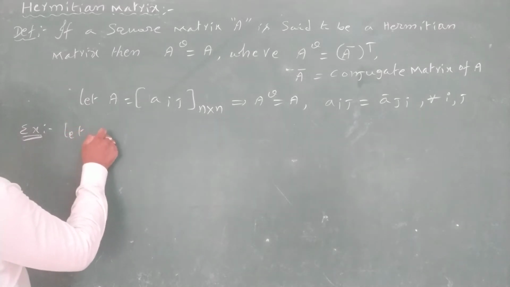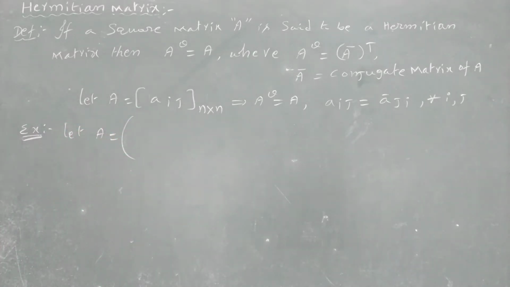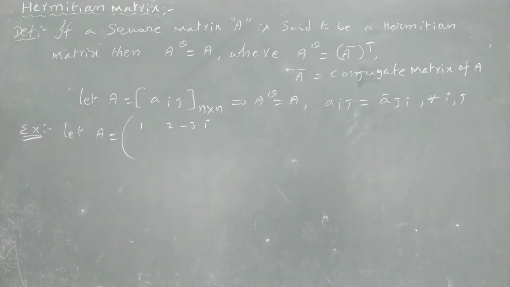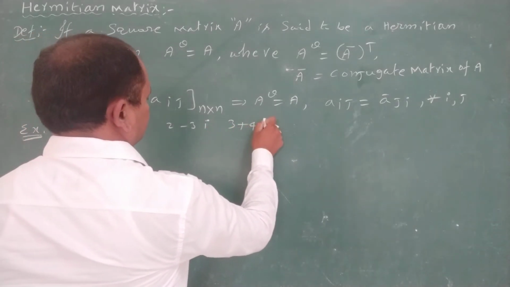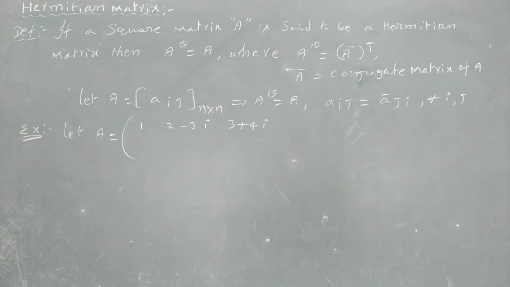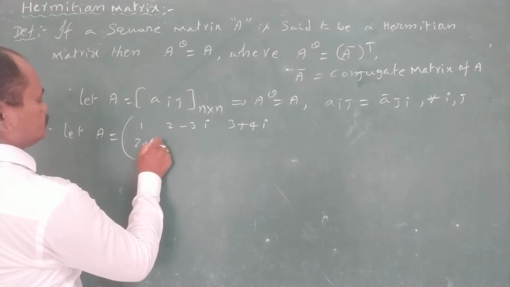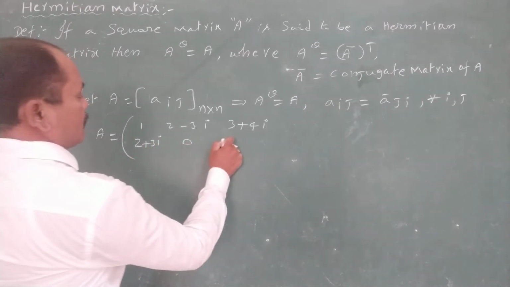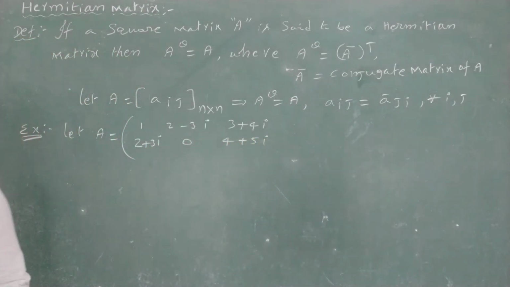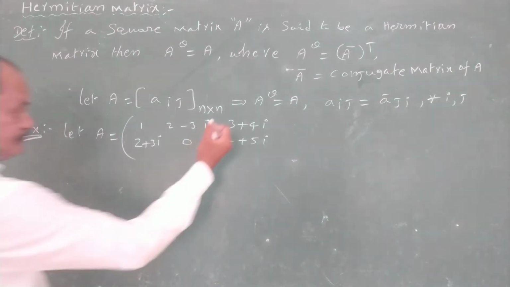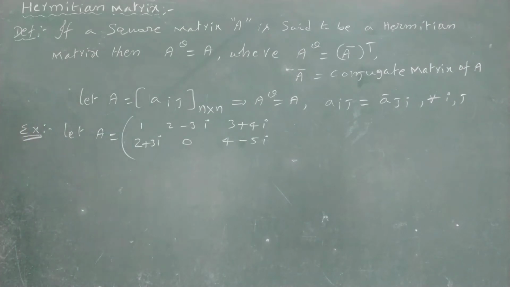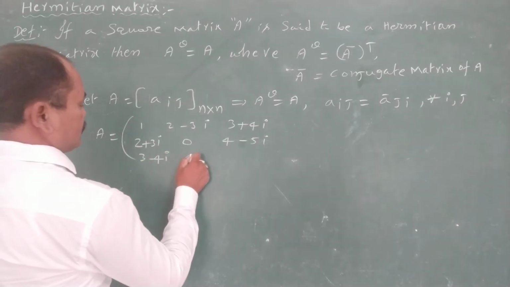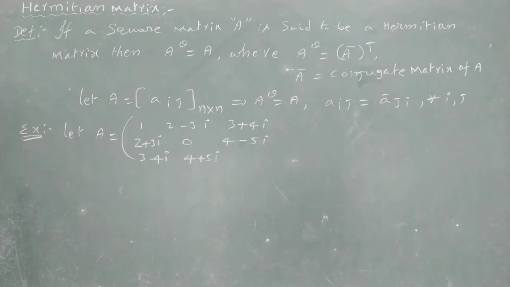Let A is equal to: first row 1, 2 minus 3i, 3 plus 4i; second row 2 plus 3i, 0, 4 plus 5i; third row 3 minus 4i, 4 minus 5i, 2.